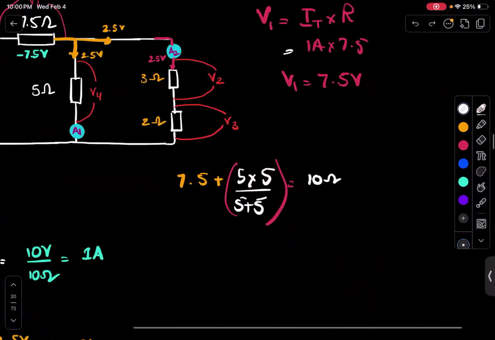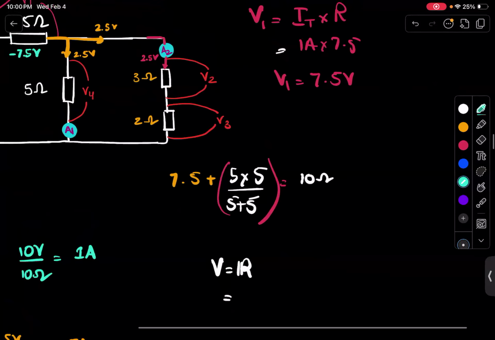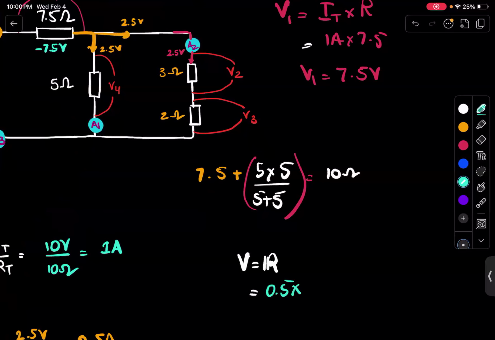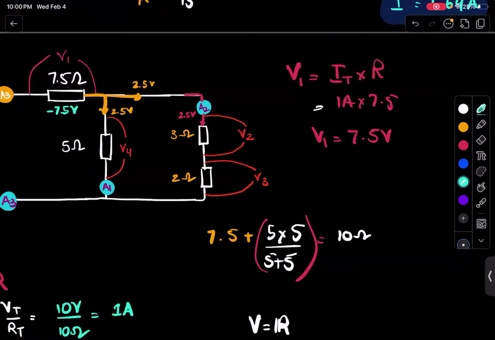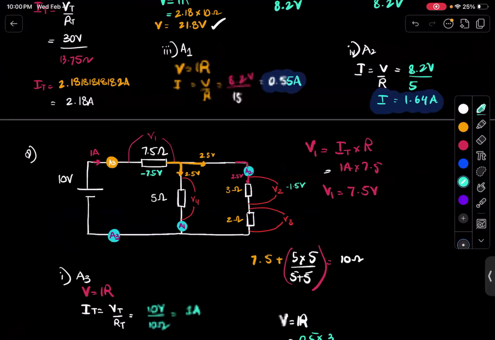Yes, you can. V is equal to IR, the legendary formula. Now, Ohm's law. What is the current going through the junction? 0.5. What is the resistance? 3. So 1.5 volts was lost in this resistor, so V2 is 1.5 volts.